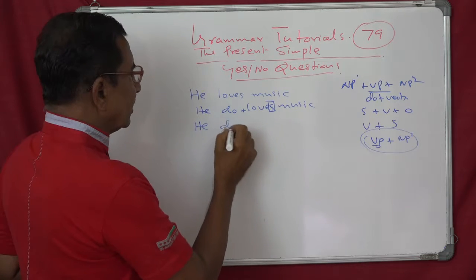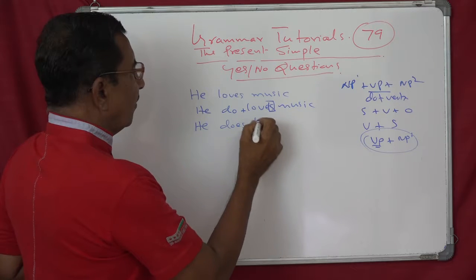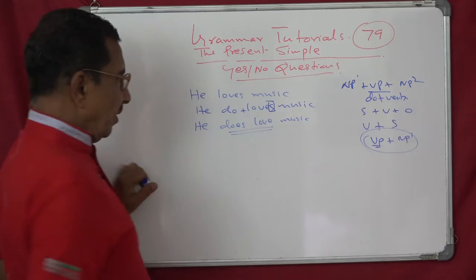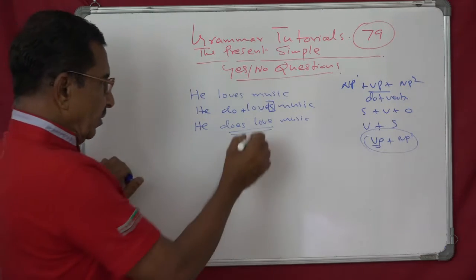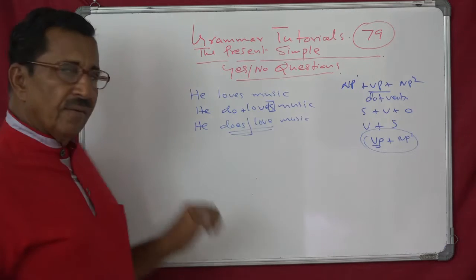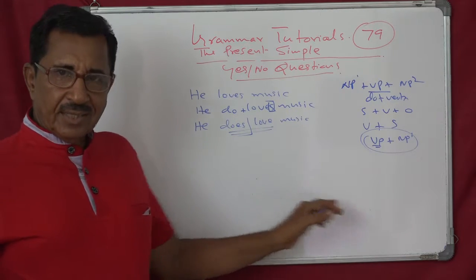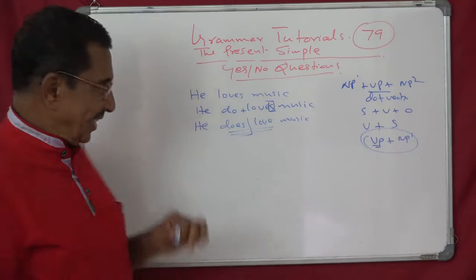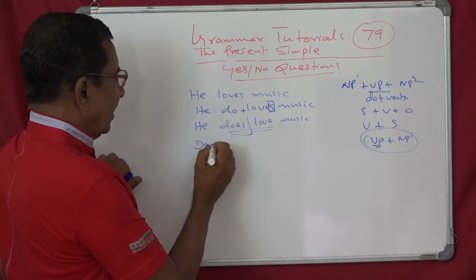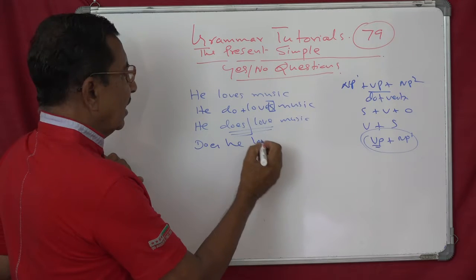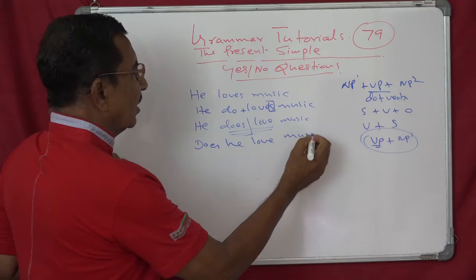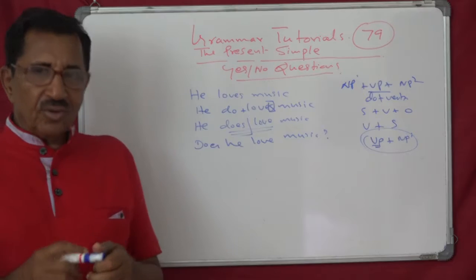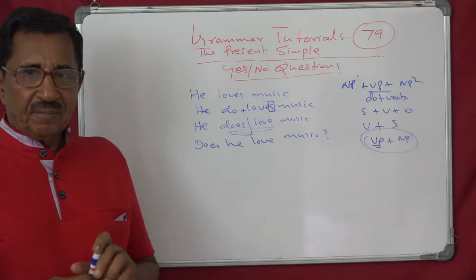He does love music. Now this is the VP, verb phrase. First part of that you have to take and start the sentence with that. Bring it here. Does he, then remaining, love music. Question. This is how you make yes or no question in the simple present.